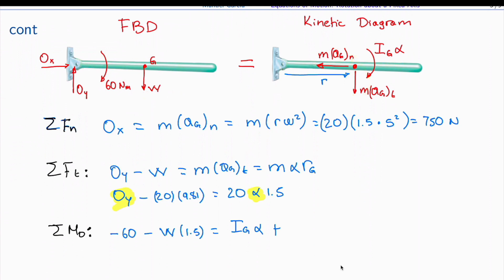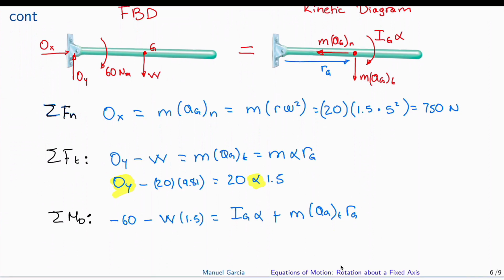So the moment of the tangential force is the mass multiplied by the acceleration of g in the tangential direction, and multiplied by the distance, which is rg to be precise. So this is rg.